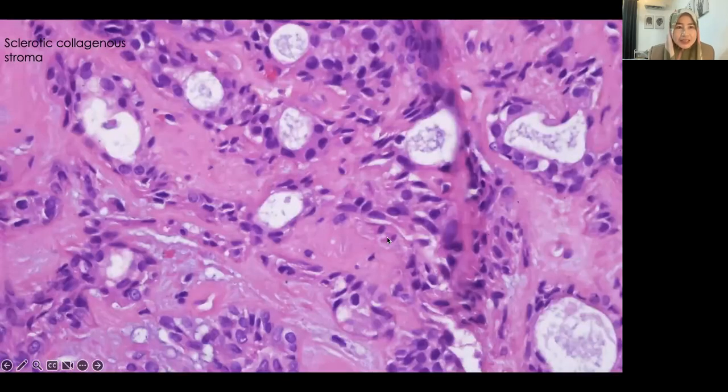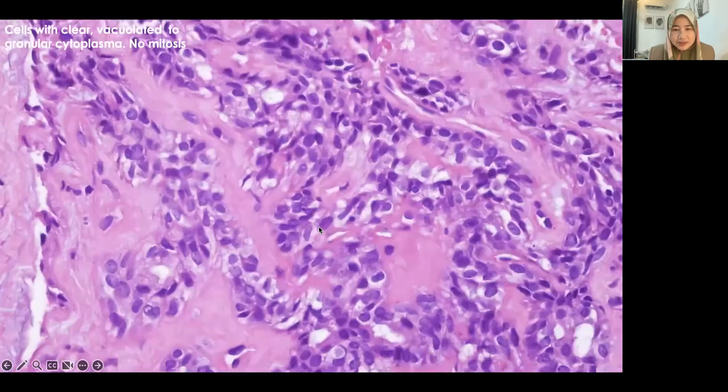This highlights the sclerotic collagenous stroma, and this is the secretion within the cystic lumen. Looking at the nuclear features, the cells have clear vacuolated to granular cytoplasm. However, there is no mitosis seen.